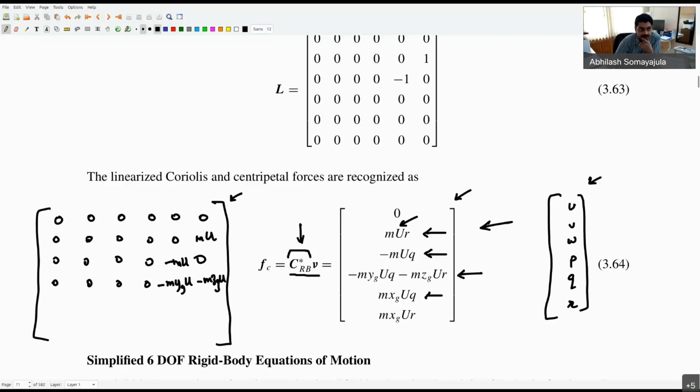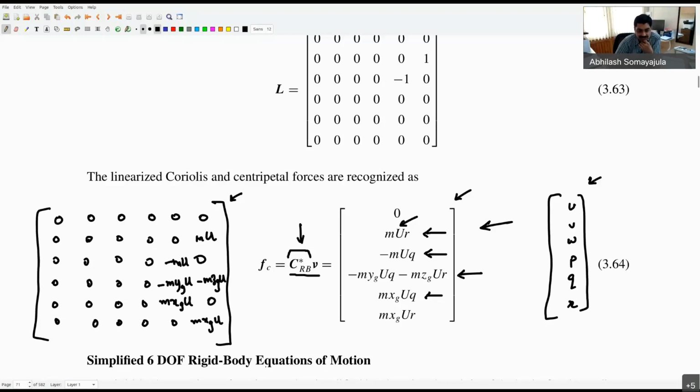Is everybody following me? Similarly, the next one, fifth row: the fifth term is mxgu, and then the last one, the sixth term, will be mxg.